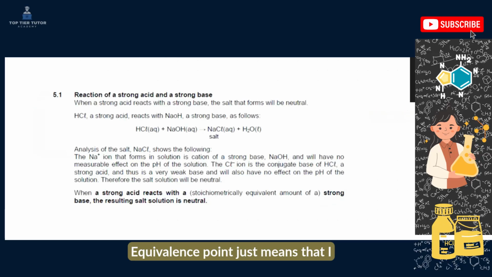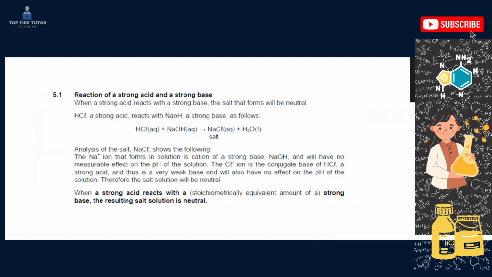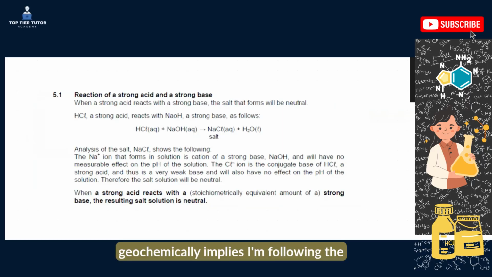The equivalence point just means that I have reacted a stoichiometrically equivalent amount of our base and our acid, meaning I'm following the relationship that's given to me in the equation. So in this equation, they say 1 mole of hydrochloric acid will react with 1 mole of sodium hydroxide. Right. So if I have balanced out those, then I get to an endpoint.